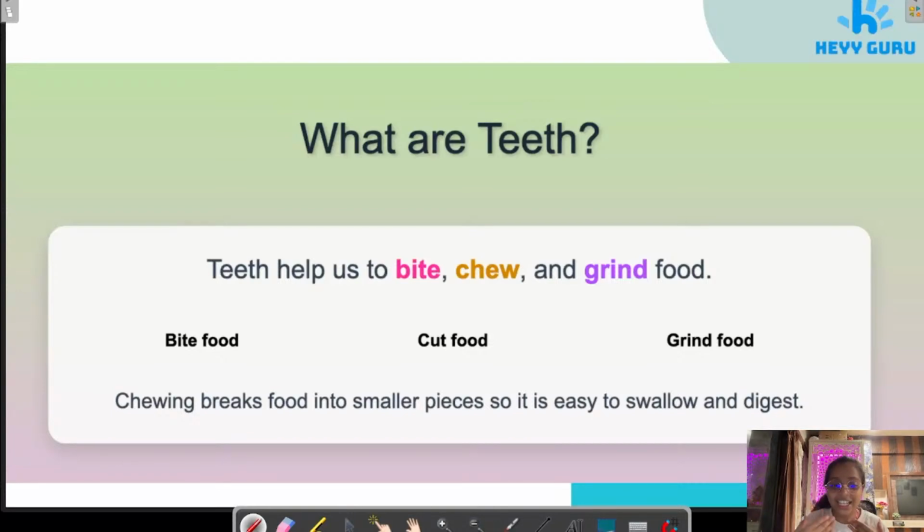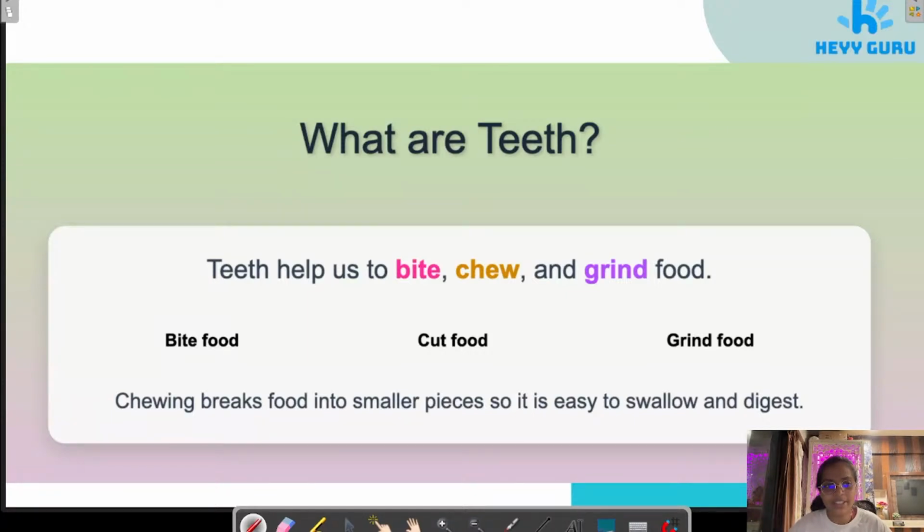Chewing means you are breaking that food into smaller pieces, and then you swallow that food, and after swallowing it goes to your stomach, and after the stomach, it digests your food. So this is what teeth are, and what chewing means.